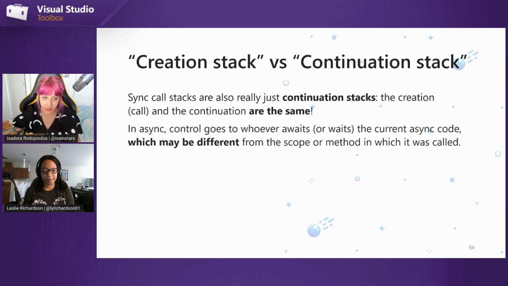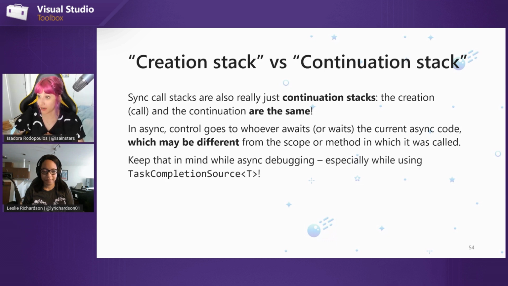And the other thing is that in async, the control goes to whoever waits for the current async code, which may be different from the method which was originally called, which we have just seen before. So this is something we have to be careful about with things that don't rely on async methods.